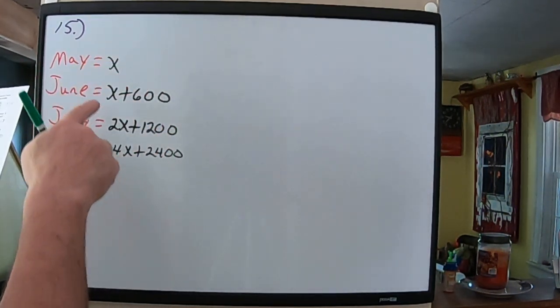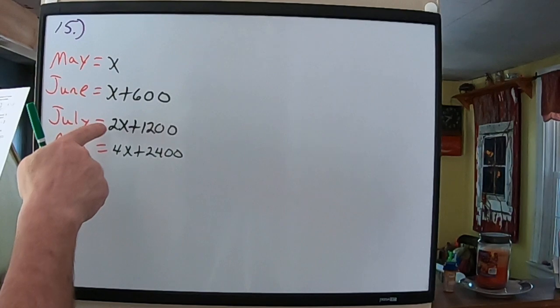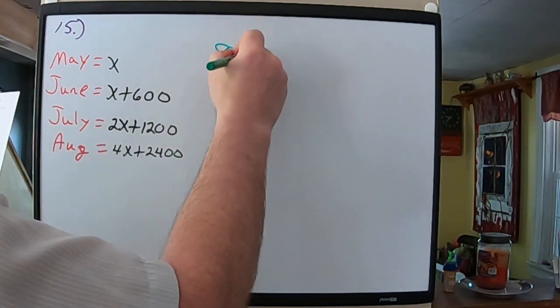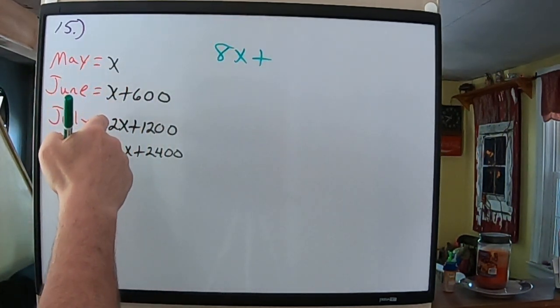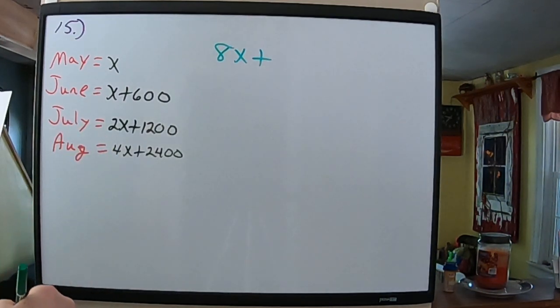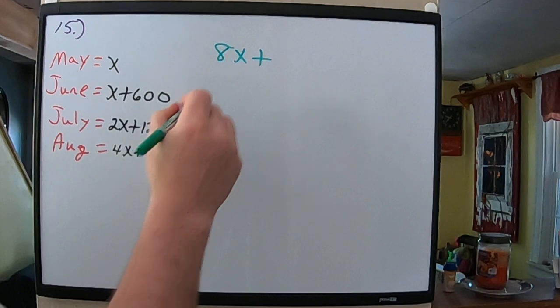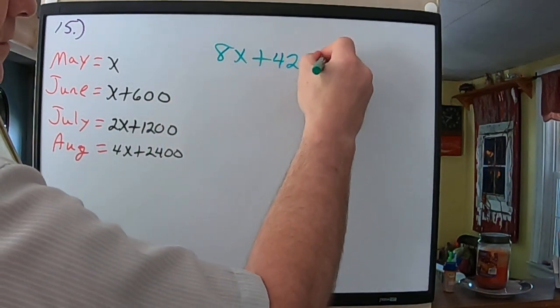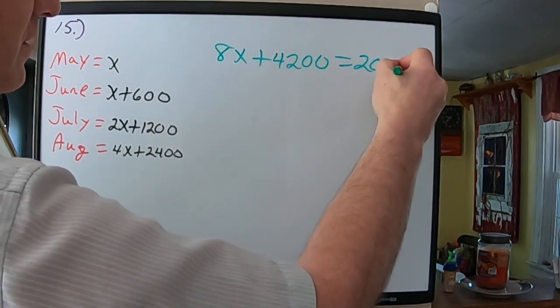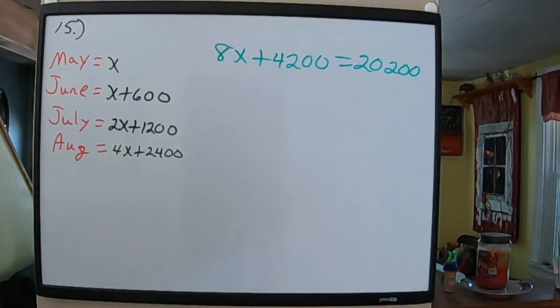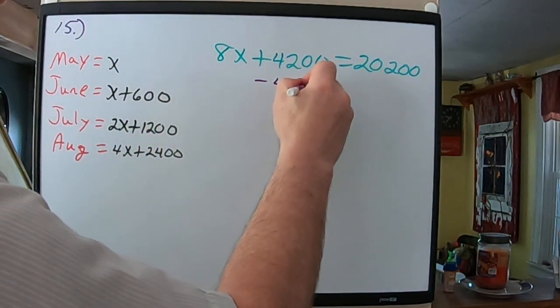If I add these up, x, 2x, and 4x, it's 8x. 1, 2, 3, 4, 5, 6, 7, 8. Yep. Plus, if I add these up, it's 4,200 equals 20,200.